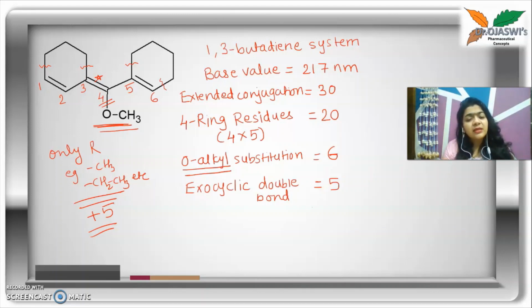There is nothing else remaining in the structure which is contributing to the lambda max anymore. So we will make the addition, and thus the theoretical lambda max for this particular structure is coming out to be 278 nanometers.